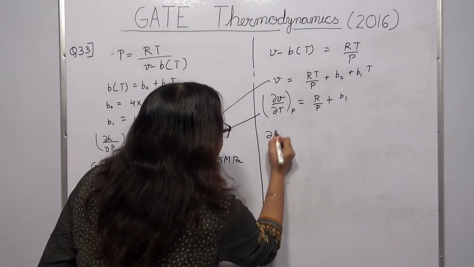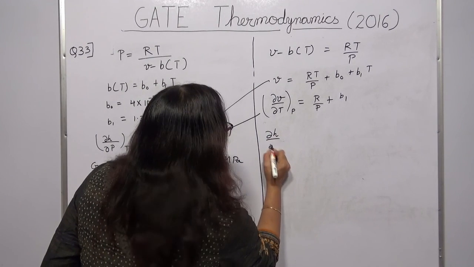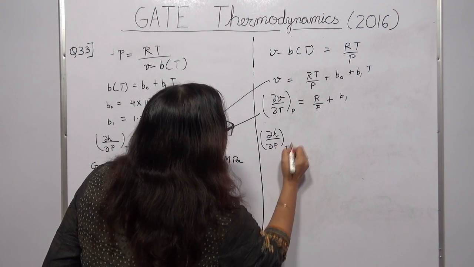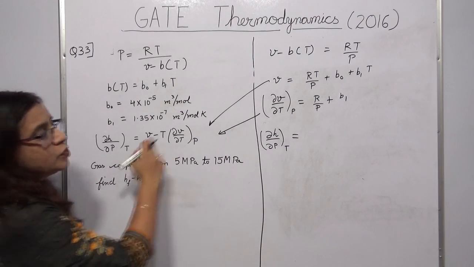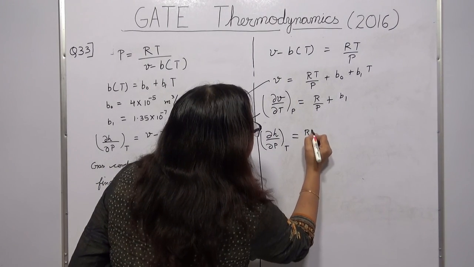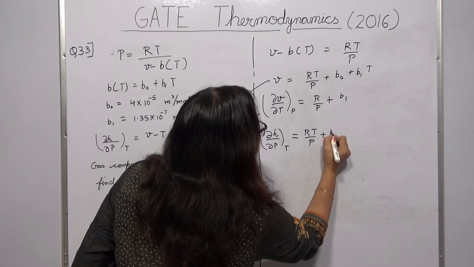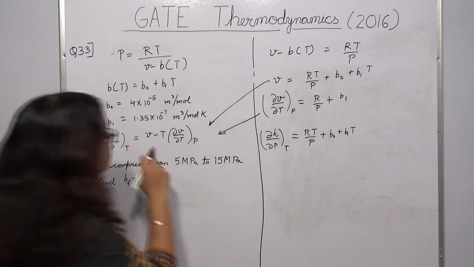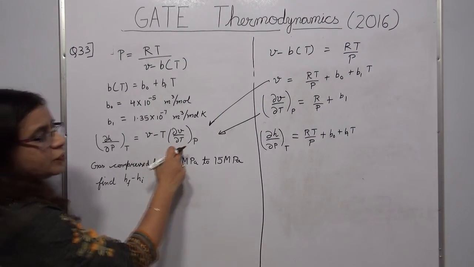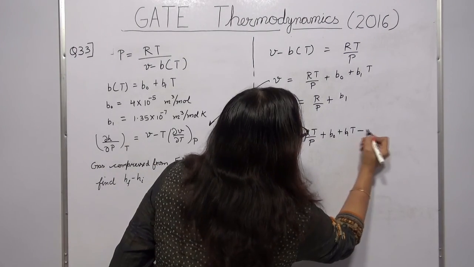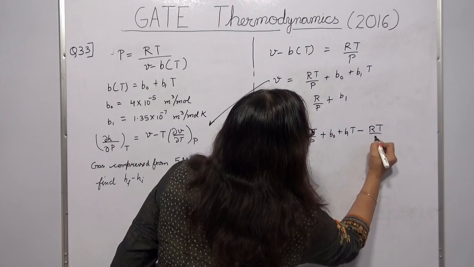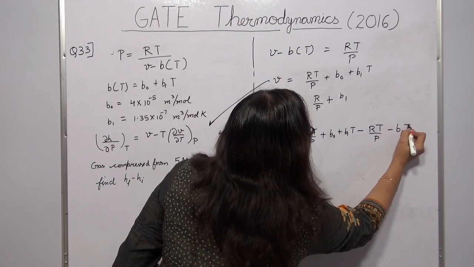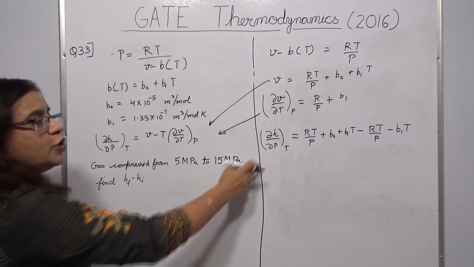So what I get is del H by del P at constant T equal to V. I'm going to put it from here: V is equal to RT by P plus B0 plus B1T, minus T times this derivative. I am just going to multiply it with T. So this is what you get.